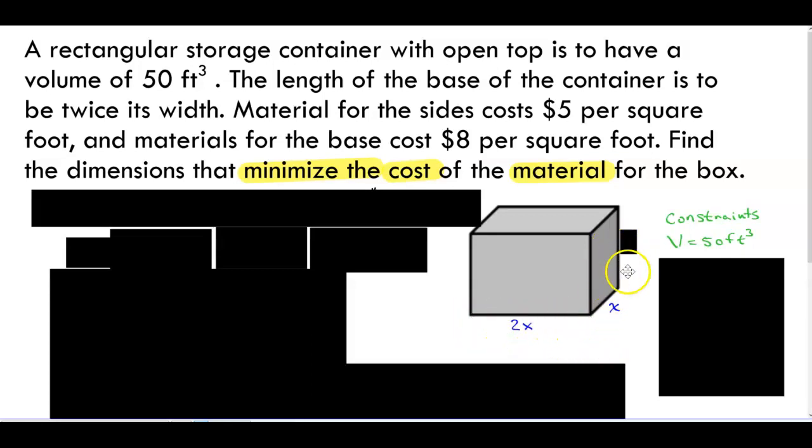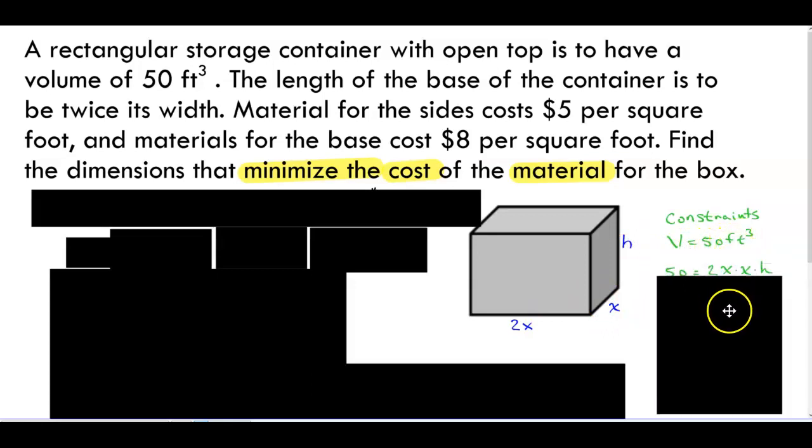Now we don't know anything about the height and how it relates to the x. So unfortunately, I can't write that in terms of x. I have to use h. But what we do know is that the constraint will give us a chance to write this h in terms of x. We are limited to 50 cubic feet due to volume.